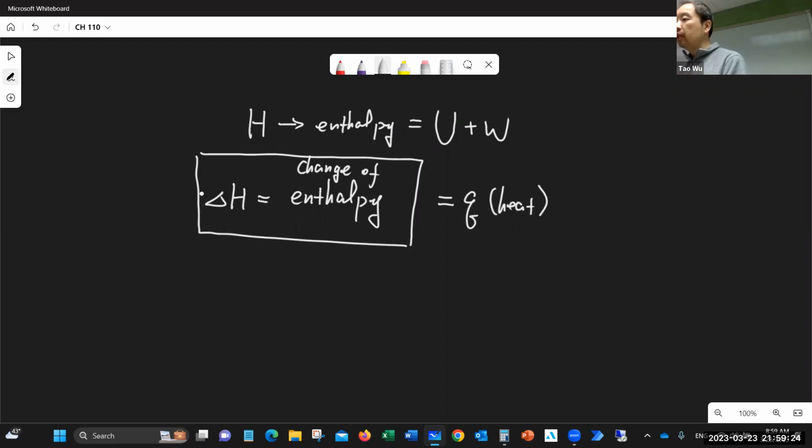Change of enthalpy is just equal to heat, but under a condition: when the reaction is under constant temperature and pressure.